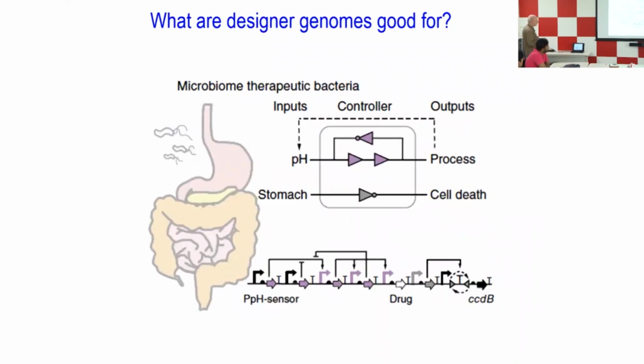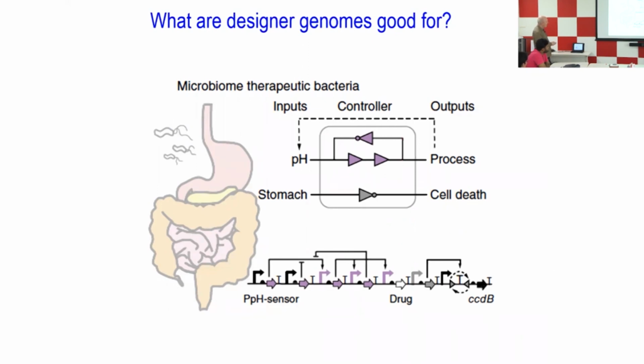A more low-hanging fruit is to have bacteria that, once introduced in the intestinal gut, sense some changes in pH, for instance, and then convert those differences in pH into a response that will be beneficial to counteract the problem, right?